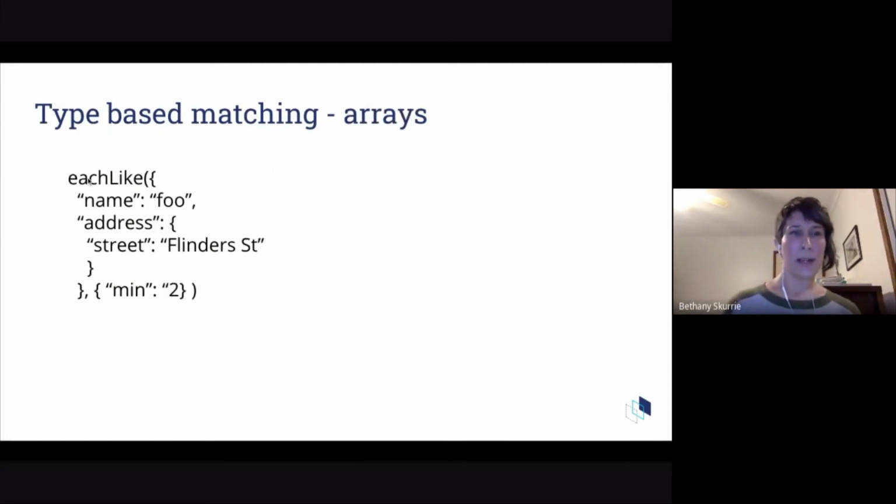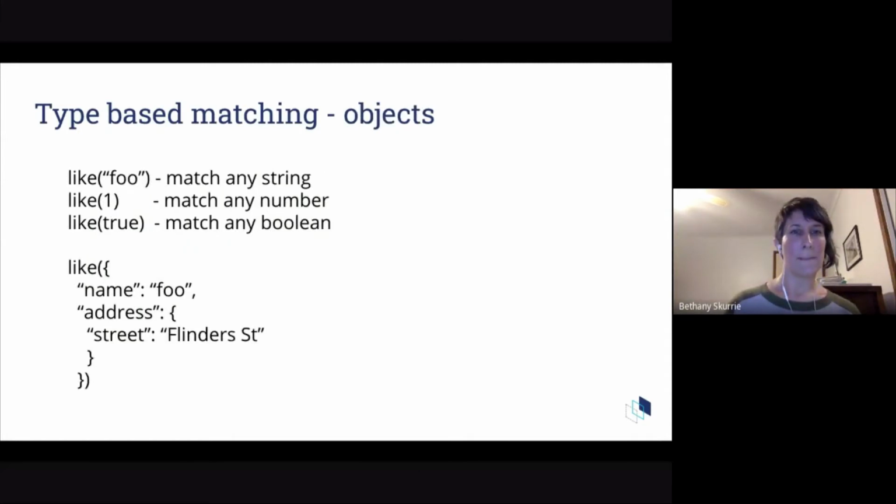Depending on your Pact implementation, there'll be something that is called like or something like it. In JavaScript, obviously it's going to be a function, and the function is called like. So you can say, I want to match any string.